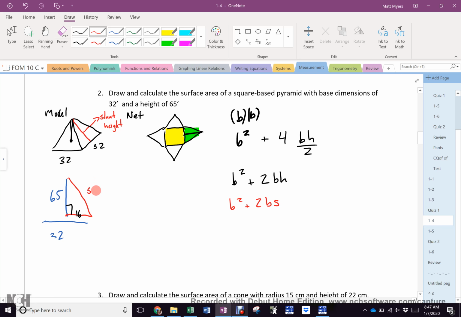So the slant squared would equal the height squared plus what? The whole base? Half the base. Base divided by 2 squared. But I don't want slant squared, do I? What do I want? Slant. So what do I have to do to this to get just slant by itself?